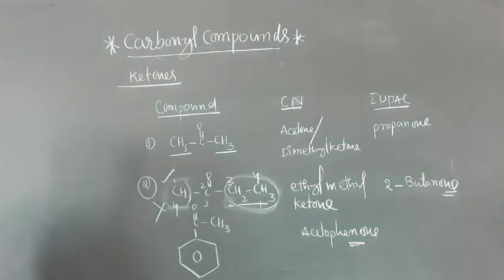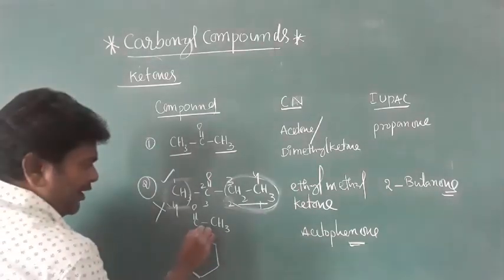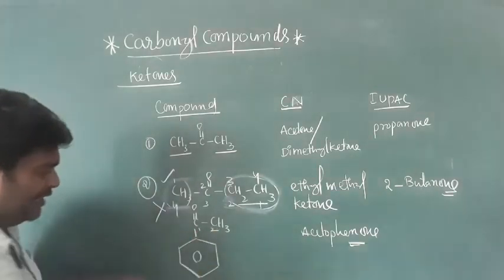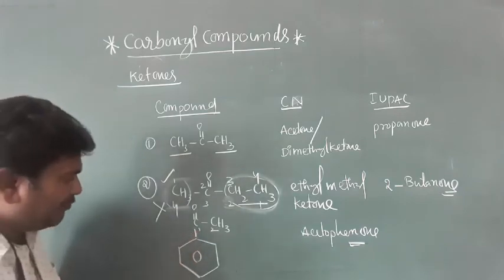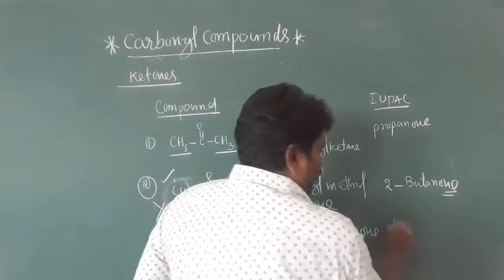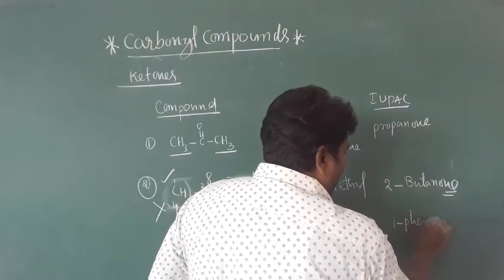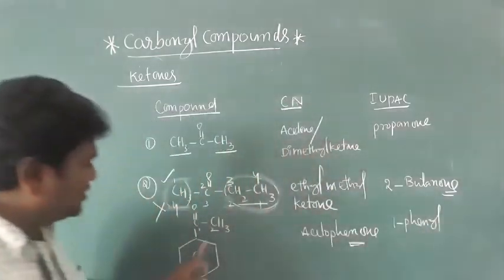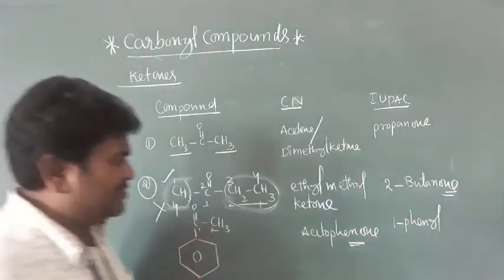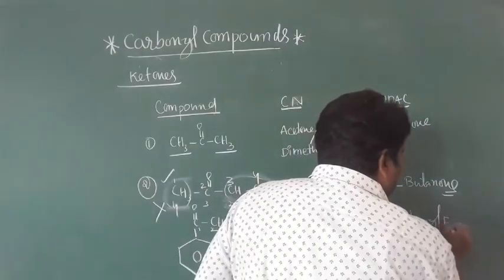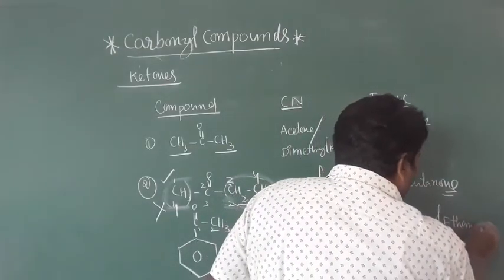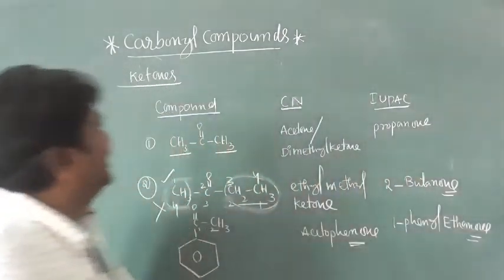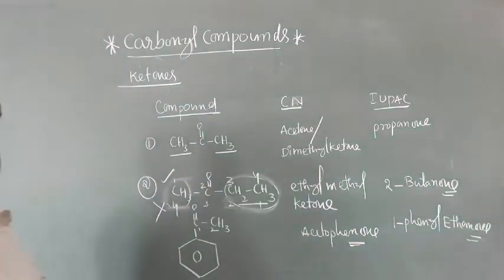What is the IUPAC name? See here, 1, 2, this is the long chain. At position one, this is the phenyl group, so it is 1-phenyl. How many carbons in the carbon chain? 2 carbons. It is ethanone. This is the nomenclature of ketones.